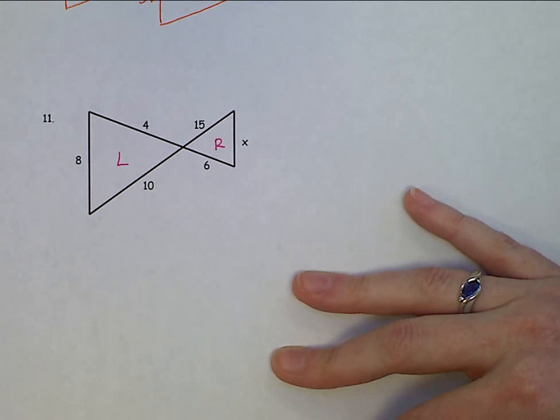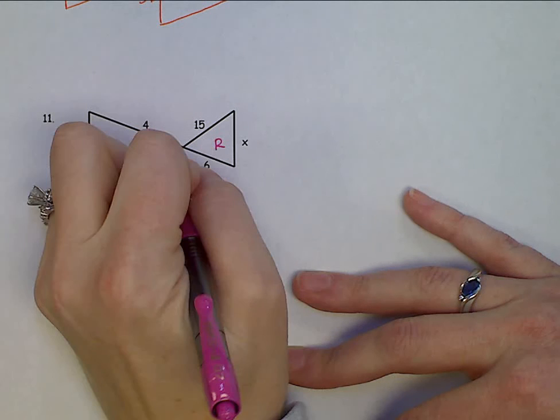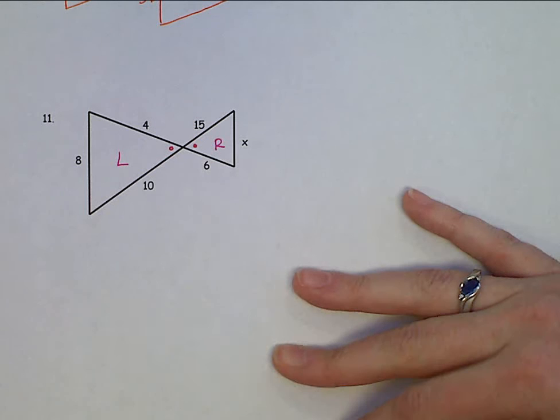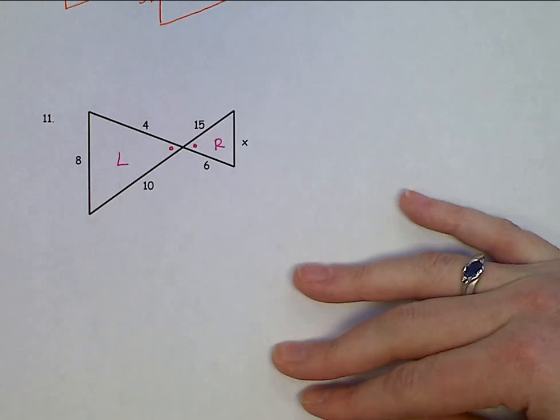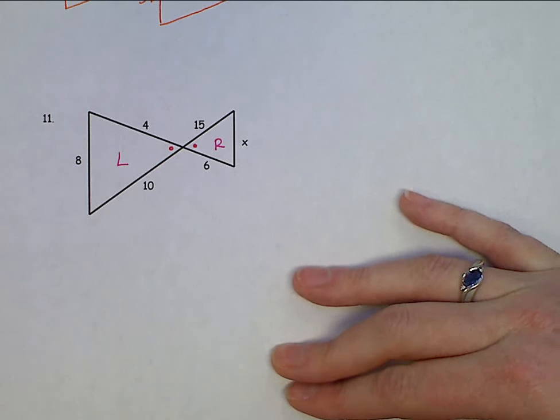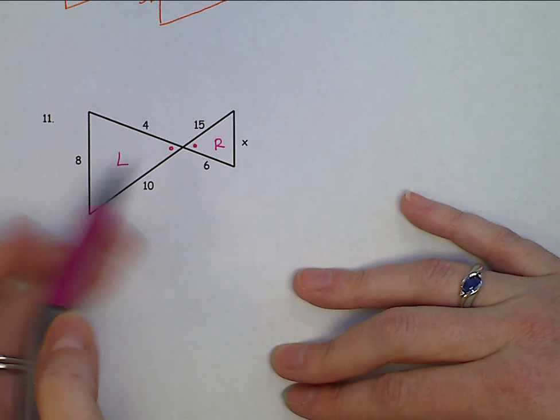So when we set this up, we know that these angles here are congruent, because they're vertical. So what I'm going to suggest is let's do short side over short side just to check. So we want to do our verify.